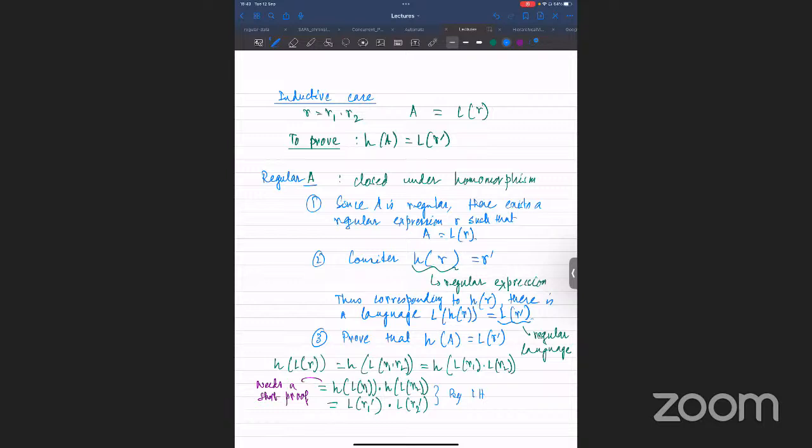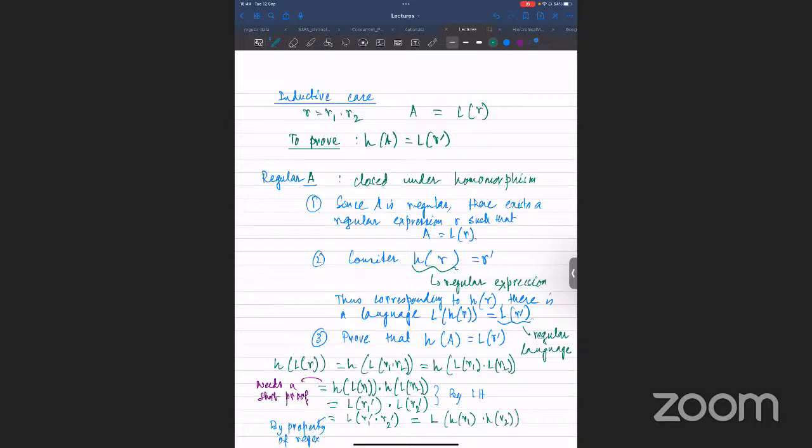And now again, you can use the property of the regex, which gives you L of R1 dot this, right? So this is by property of regular expression. Now what? Next. So this, if you recall, R1 prime was essentially H of R1, dot H of R2, right?